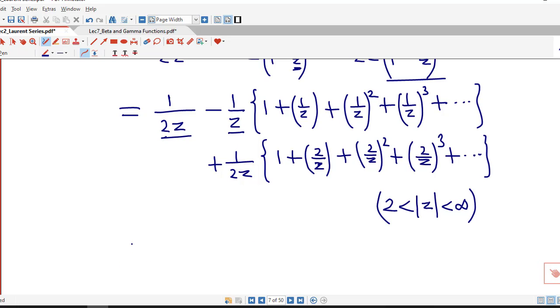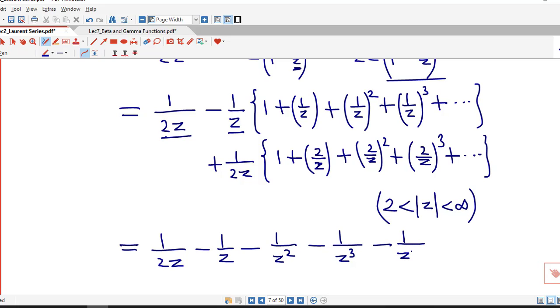So before that we can write by simplifying these brackets. Here we have minus 1 by z into (1 minus 1 by z) into 1 by z, that is minus 1 by z square, and here we can see powers are increasing, so we have minus 1 by z cube and minus 1 by z raised to 4 and so on.